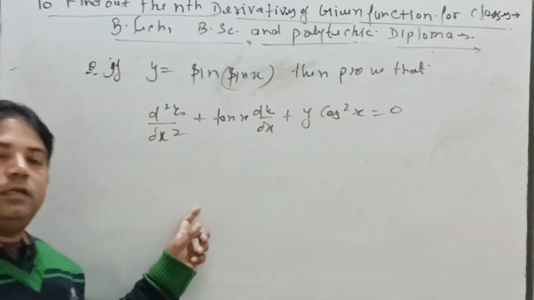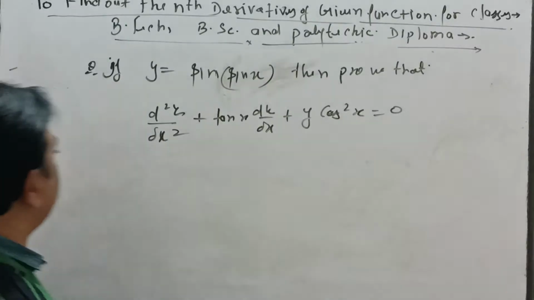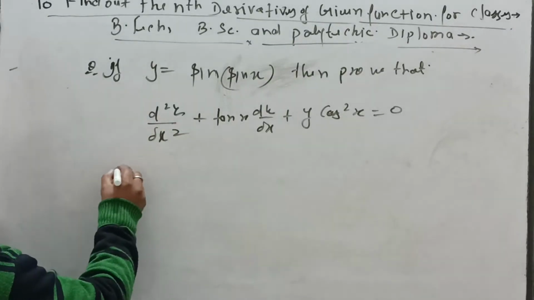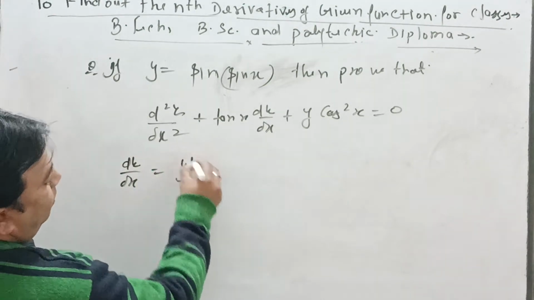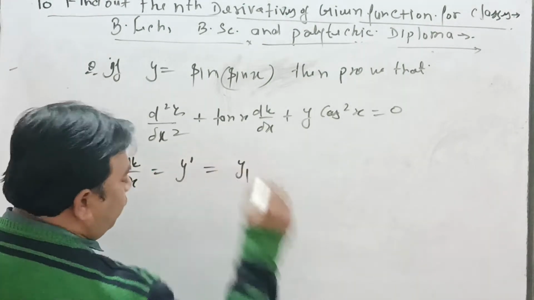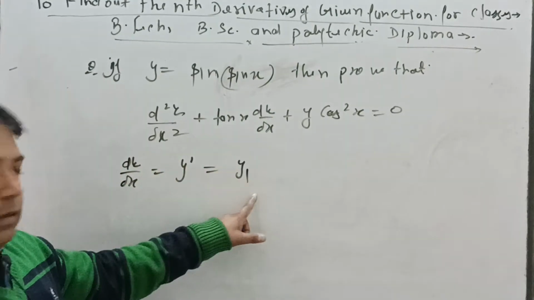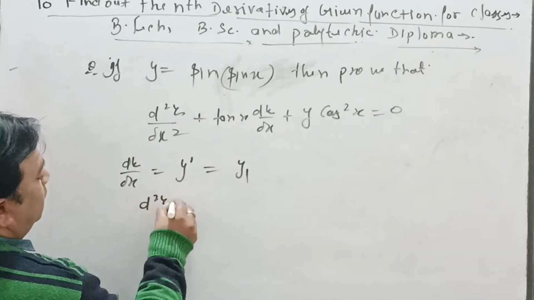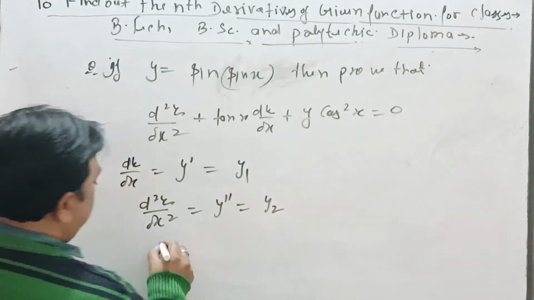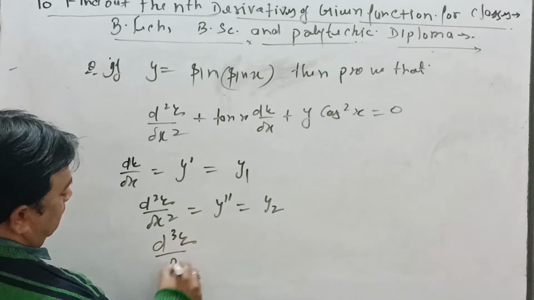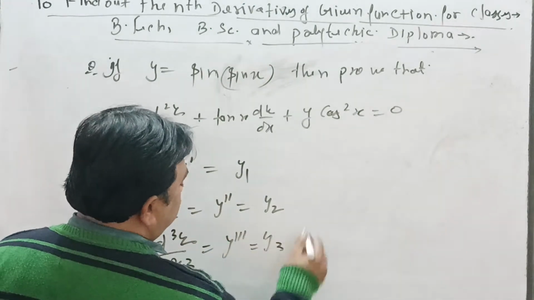d2y/dx2 means two times differentiation. We use some notations here. dy/dx is also represented by y dash or y1, the first derivative. Similarly d2y/dx2 equals y double dash, equal to y2, and d3y/dx3 equals y triple dash, or y3, and so on.